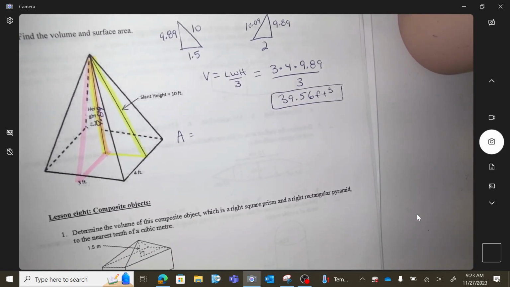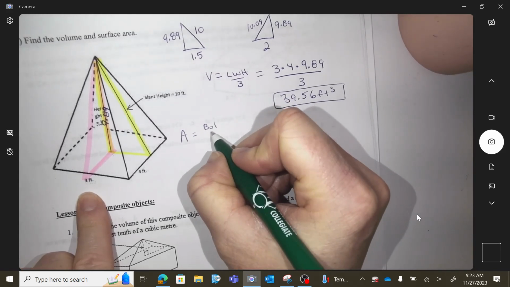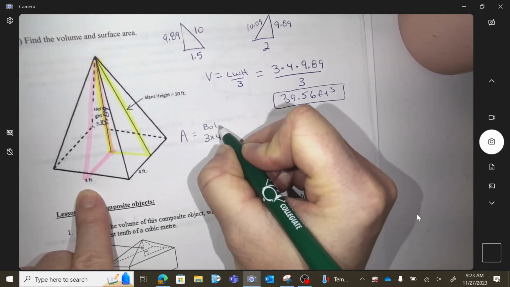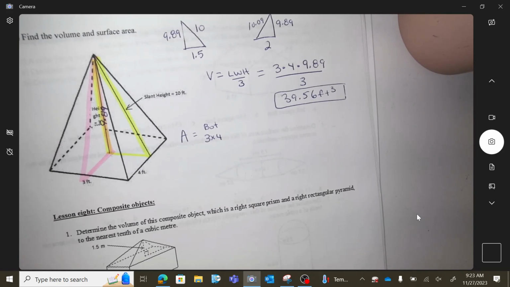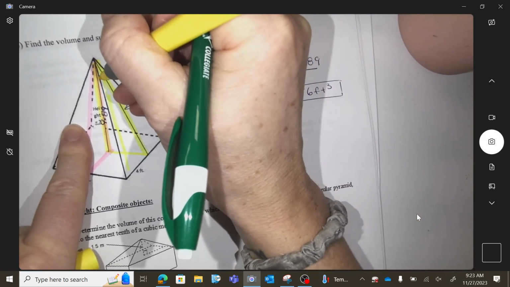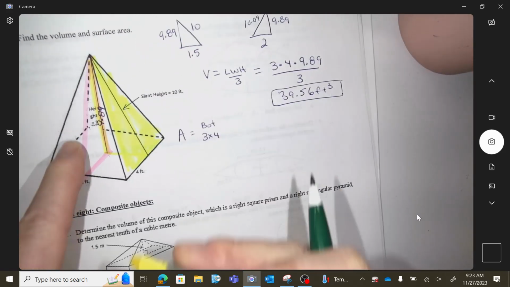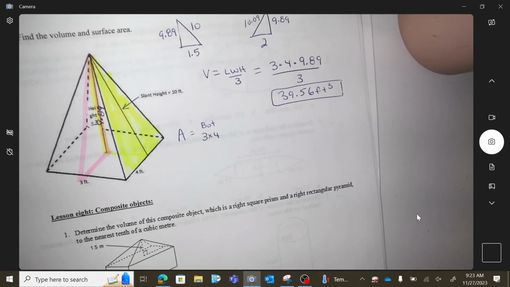Okay, so now let's go with the area. First of all, what's the area of the bottom? It's 3 times 4, a little rectangle on the bottom. Okay, we have to treat this all separately now. So this triangle, let's do the yellow.